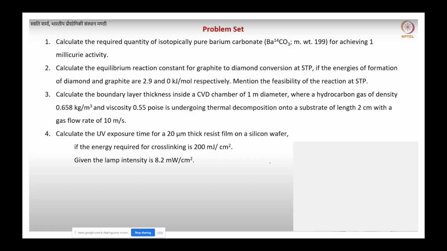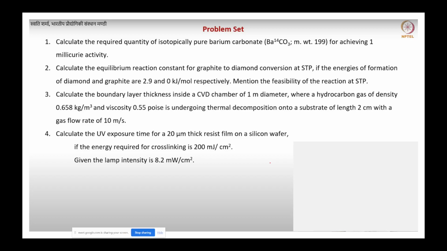Calculate the boundary layer thickness inside a CVD chamber of 1 meter diameter where a hydrocarbon gas of density 0.685 kilogram per meter cube and viscosity 0.55 poise is undergoing thermal decomposition onto a substrate of length 2 centimeter with a gas flow rate of 10 meter per second.